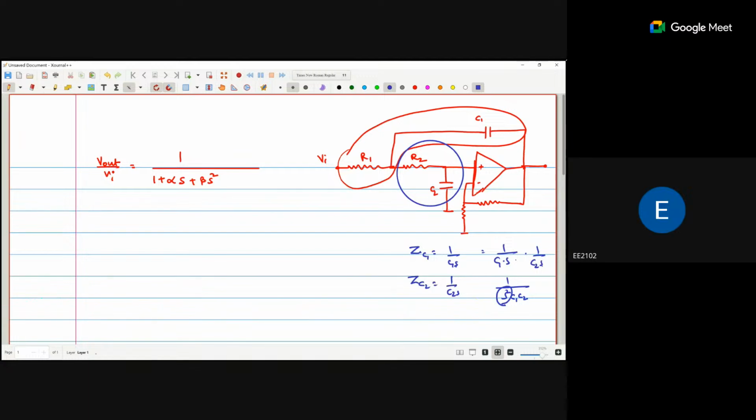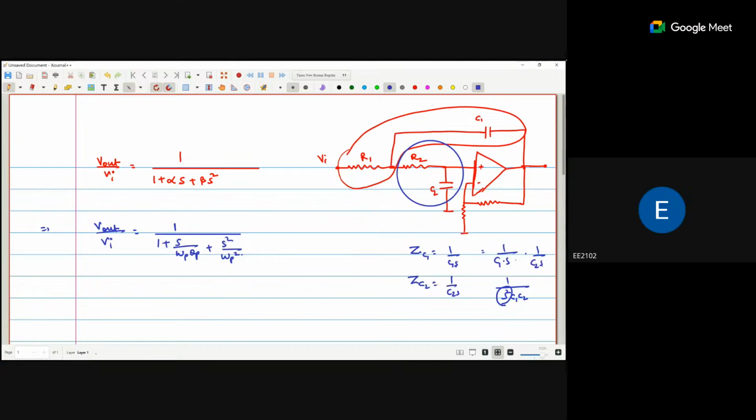Now if we solve the transfer function Vout upon Vin, it is 1 upon 1 plus alpha s plus beta s square. Now I compare this with the generalized equation of second order, which is 1 over 1 plus s upon omega p Qp plus s square upon omega p square.